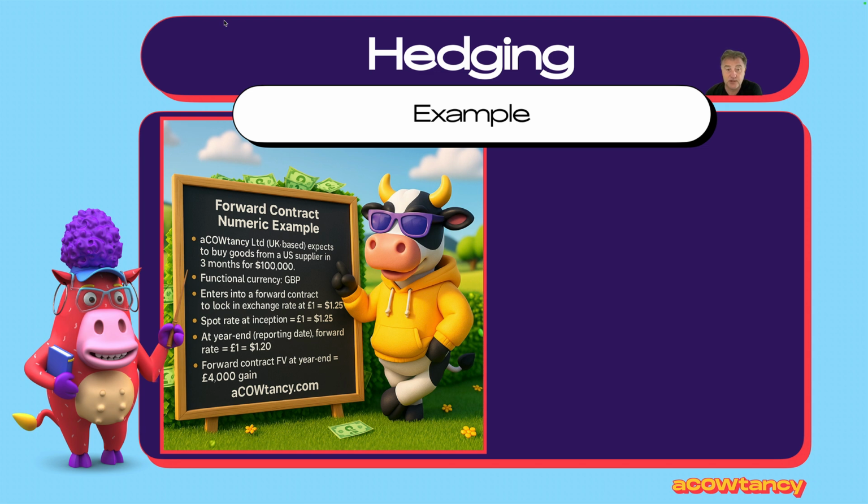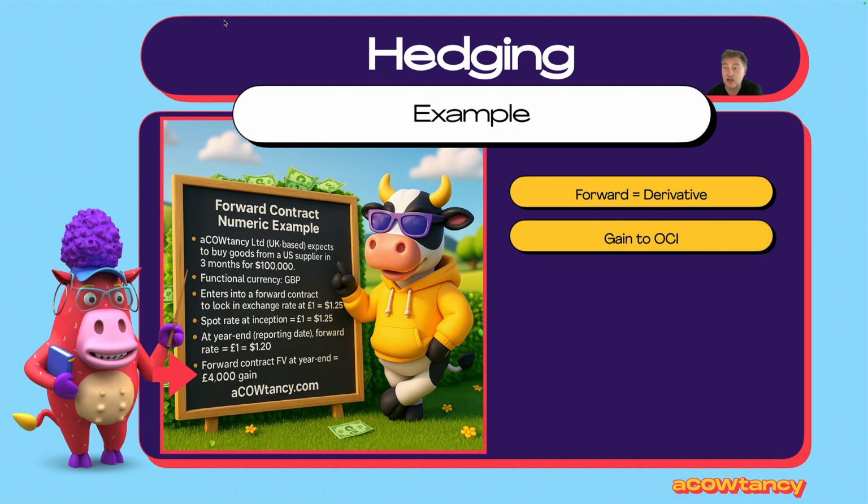Okay, so how do we deal with it? Well, at the very bottom there, it says the forward contract had a 4,000 gain. And the foreign purchase hasn't happened yet. So what do you do with the 4,000 forward gain? Goes to the OCI, just holds it in the OCI.